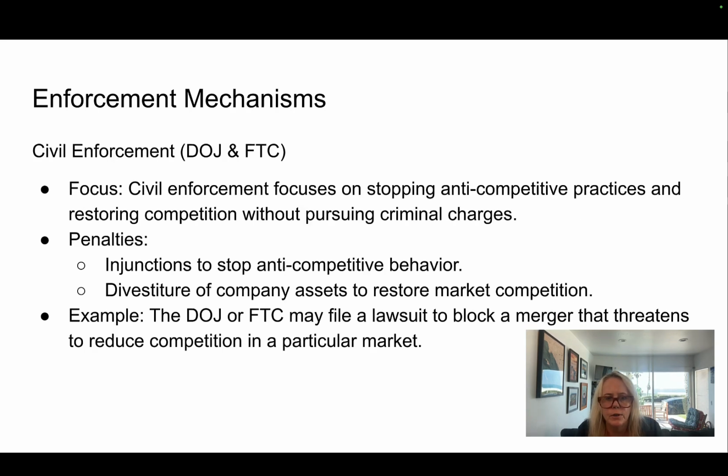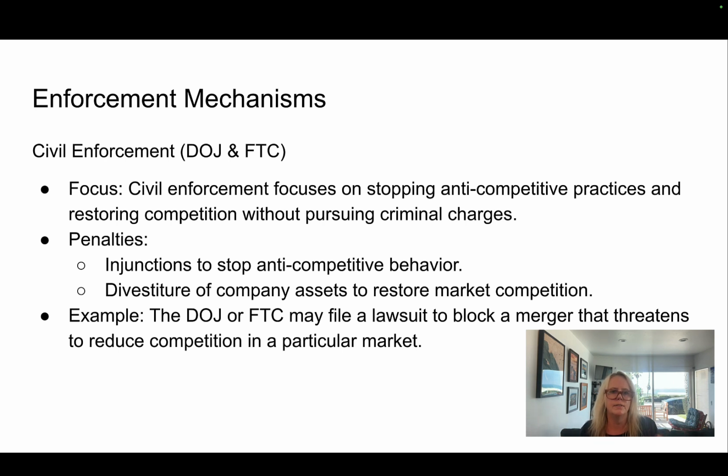Again, for civil enforcement, both the DOJ and the FTC can use injunctions to stop anti-competitive behavior, or they can require the divestiture of company assets to restore market competition. Basically, say two airlines, Alaska Airlines and Southwest Airlines, want to merge.